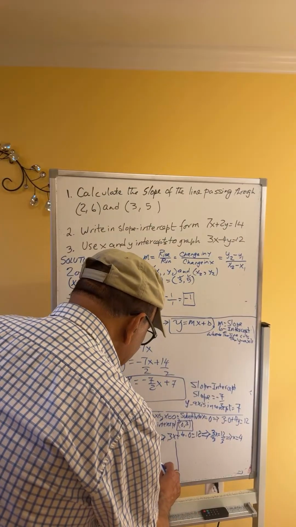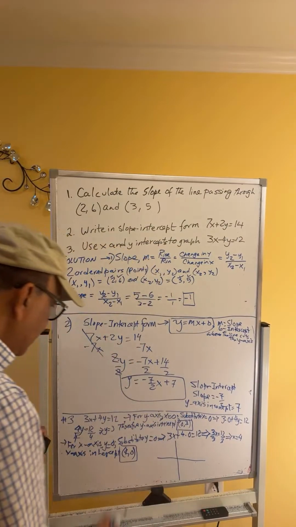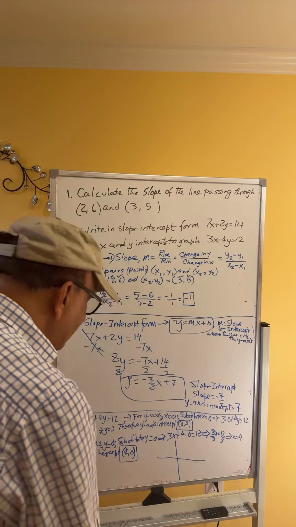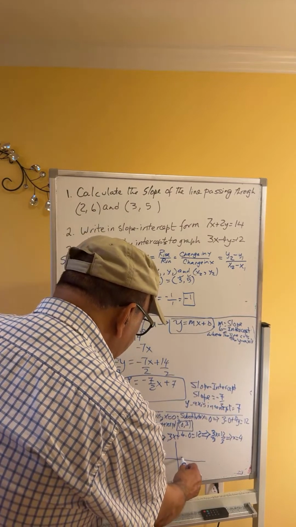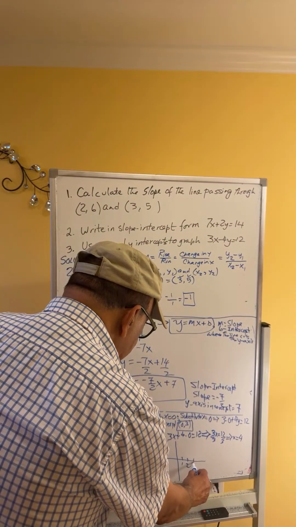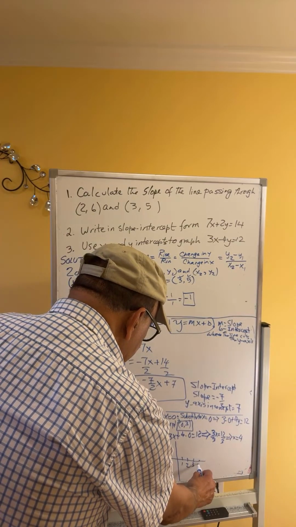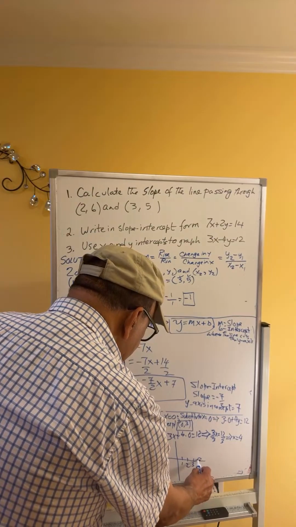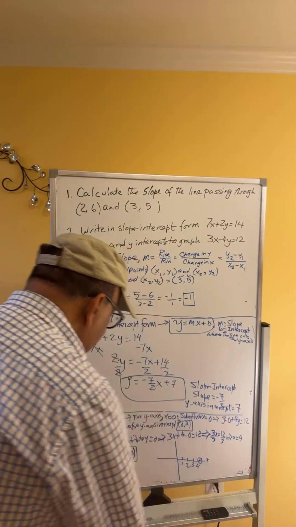Hence we draw the xy coordinate system. Remember, the x-axis intercept is 4, 0. 4 is positive, so we go 4 to the right from the origin. So this is 4. This is the x-axis intercept.